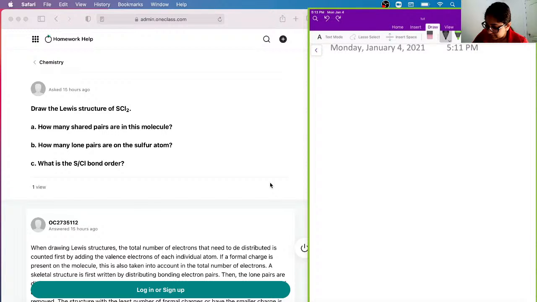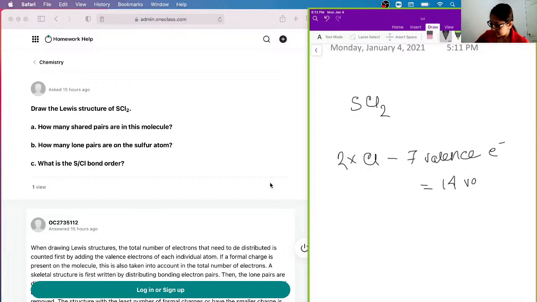So for example, SCl2. If you count, chlorine has 7 valence electrons, and in this case we have 2, so this would be 14 valence electrons.